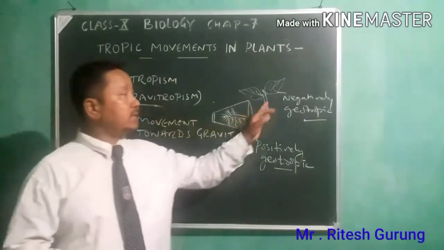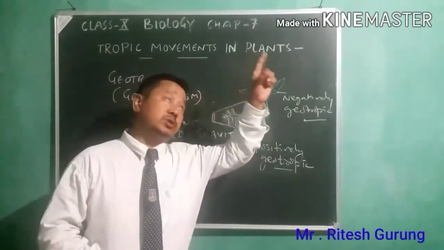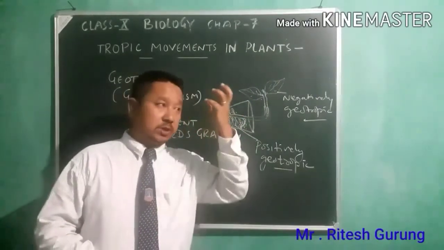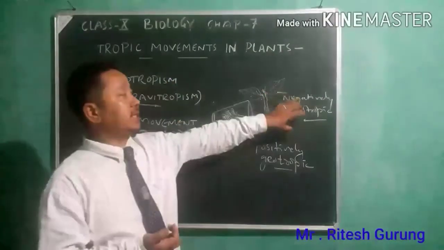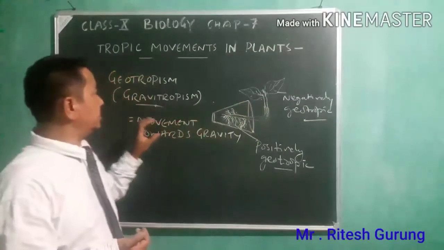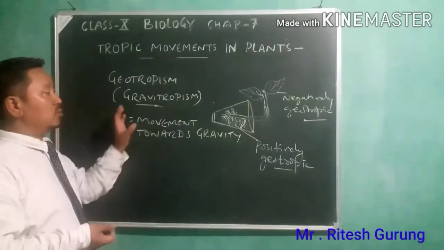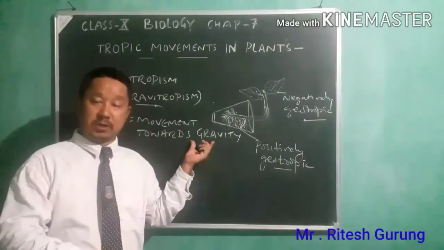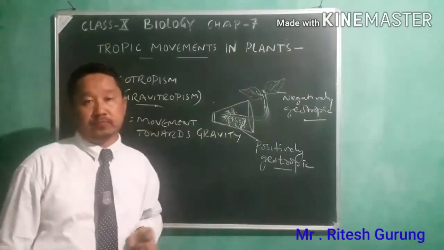Whereas the shoot system has to go to the source of light, because it has to entrap maximum sunlight, so it is negatively geotropic in this particular case. So this is geotropism, the movement towards gravity, or towards the earth or the soil.